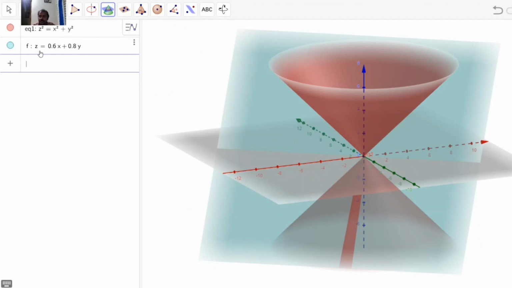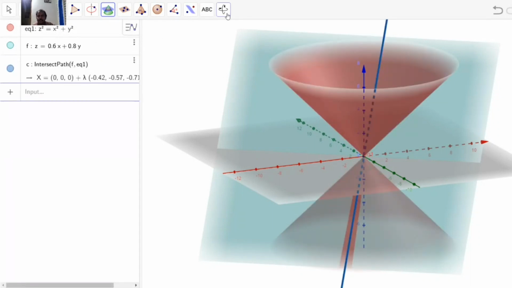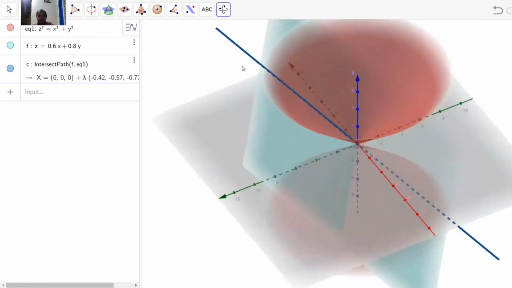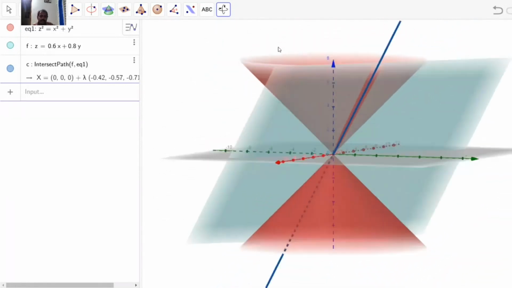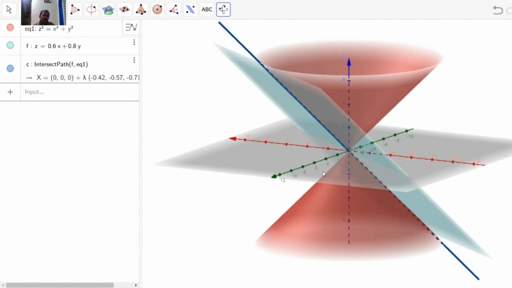So consider the tangent plane z is equal to 0.6x plus 0.8y to the cone x square plus y square equal to z square. Then you can see that it is a tangent plane. So this line of intersection is also a degenerate conic. Now you can see all these things together in the following video.